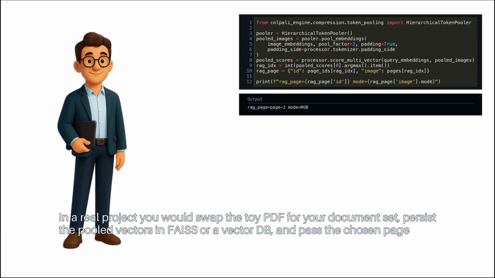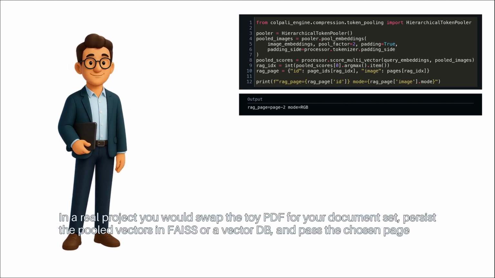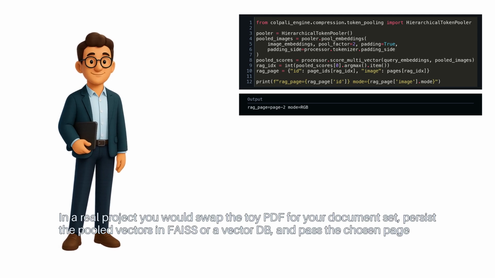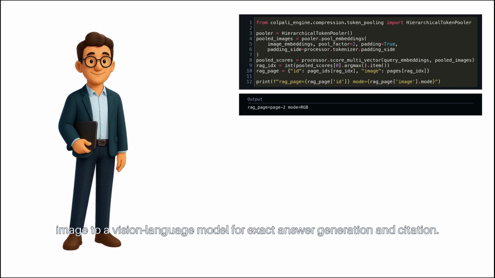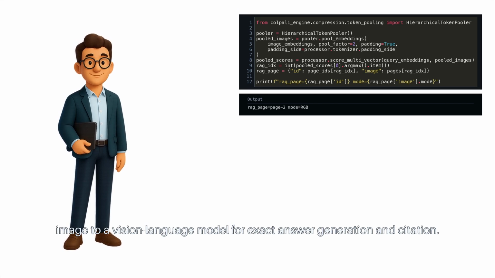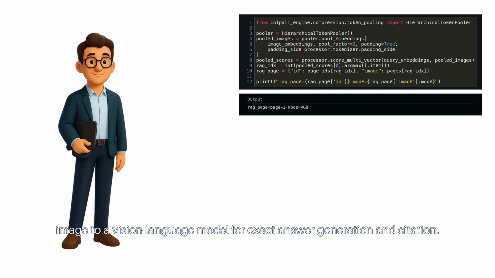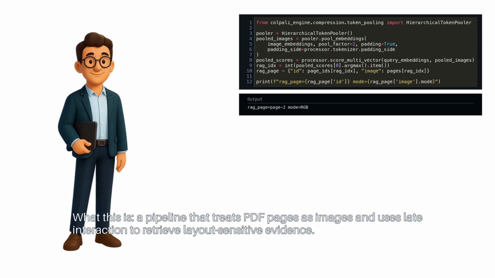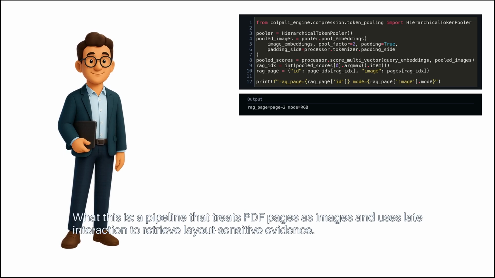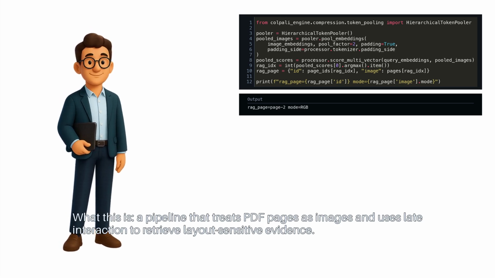In a real project, you would swap the toy PDF for your document set, persist the pooled vectors in FAISS or a vector DB, and pass the chosen page image to a vision language model for exact answer generation and citation. What this is: a pipeline that treats PDF pages as images and uses late interaction to retrieve layout-sensitive evidence.